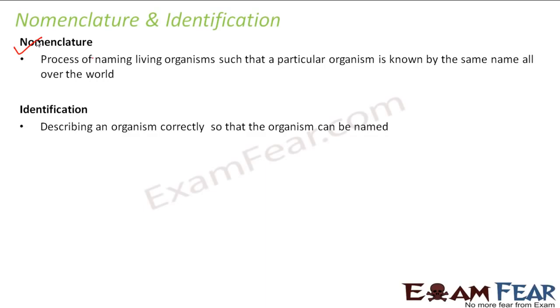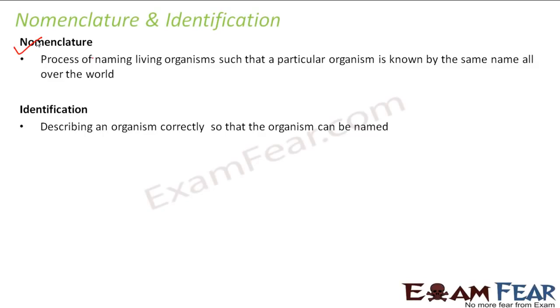For example, if I ask you to write an essay on pen, only if you know something about pen can you write an essay on it, right? Only if you know what a pen is, what does it actually do? It helps us in writing, right?